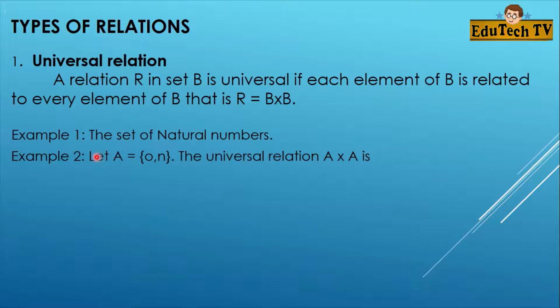Another example: suppose we have set A equals {O, N}, and the universal relation on A can be OO, ON, NO, and then NN. This one is a universal relation because all of these are in the relation A times A.